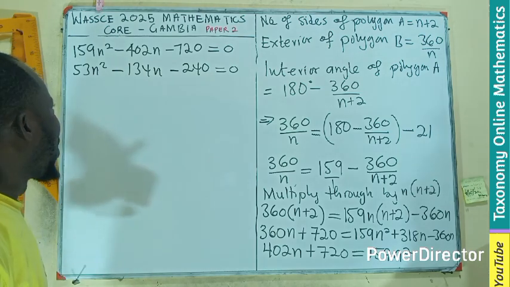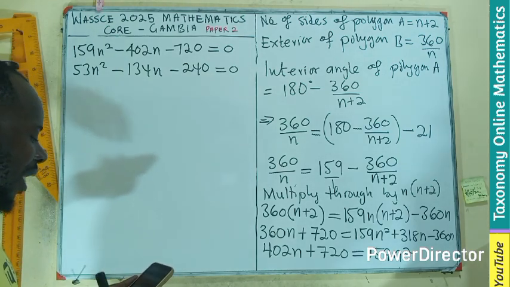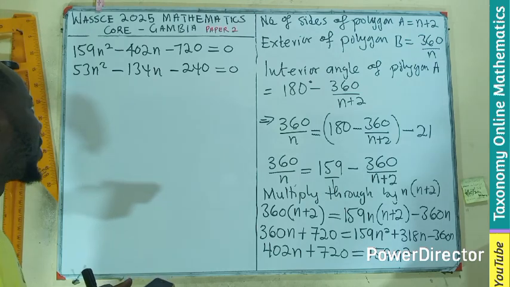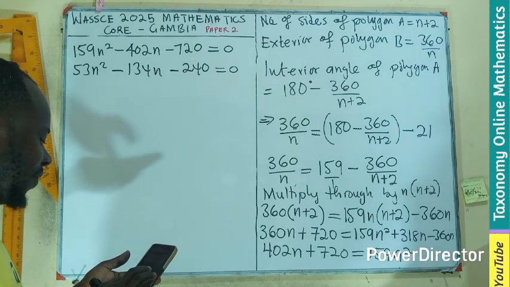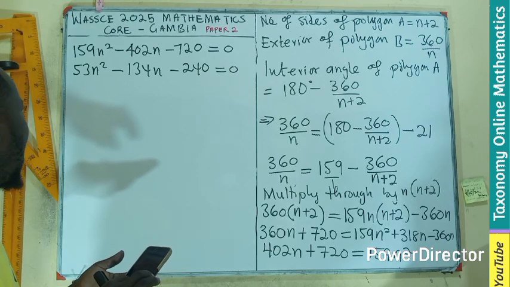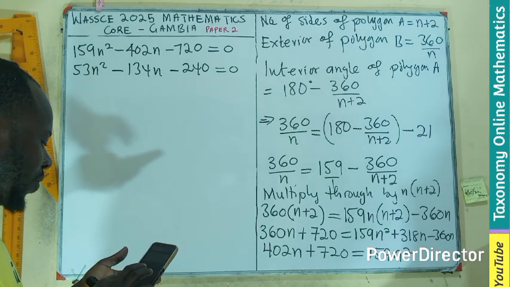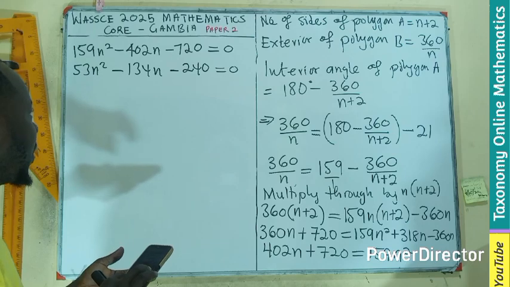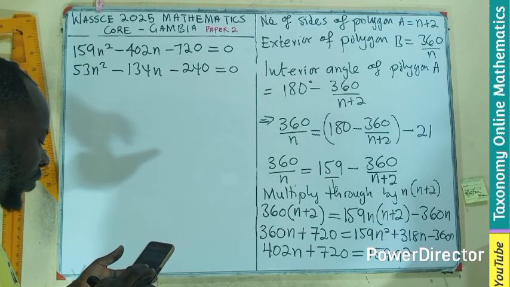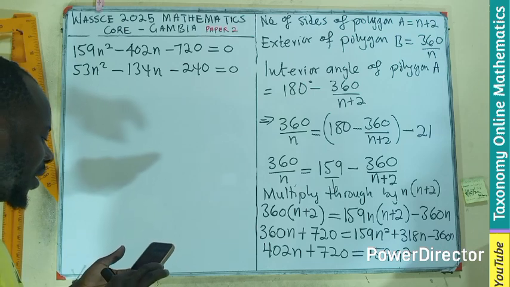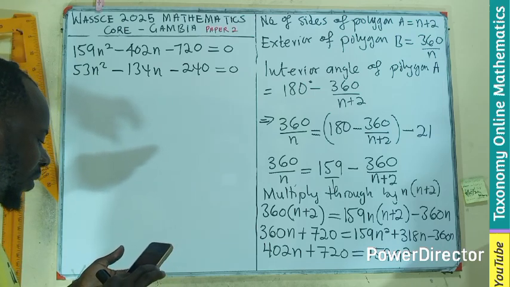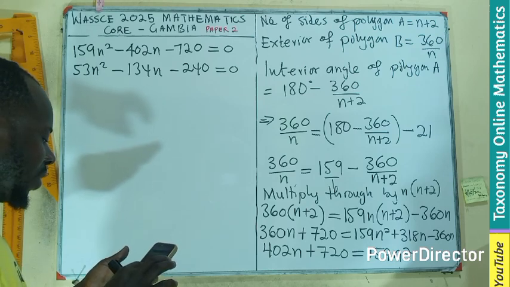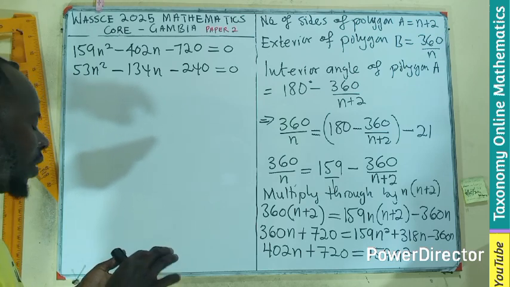So this, we can use the almighty formula, the quadratic formula, or completing the square. I'm going to use the calculator directly to look for the values of n. So our a here is 53, our b is negative 134, and our c is negative 240. Let's put that together. The first value is negative, the second value is positive.